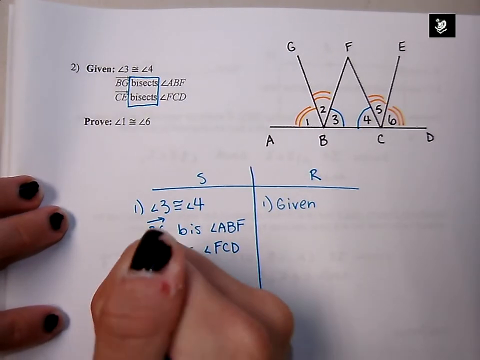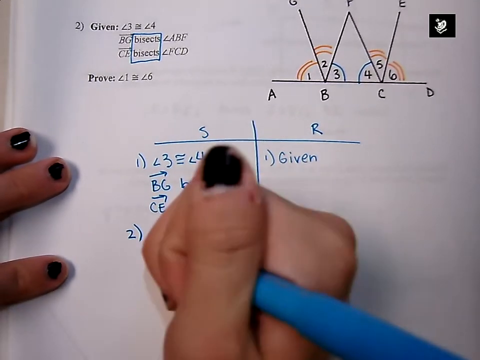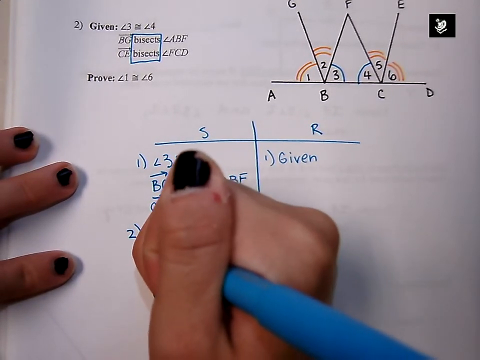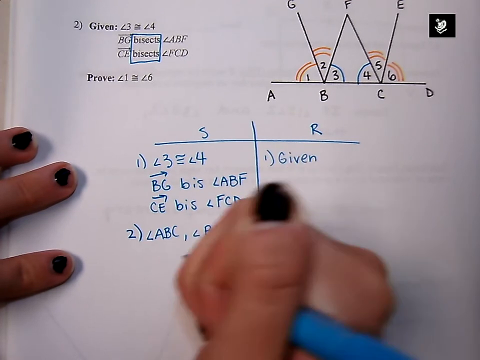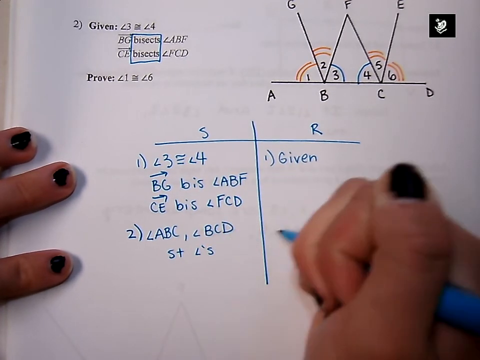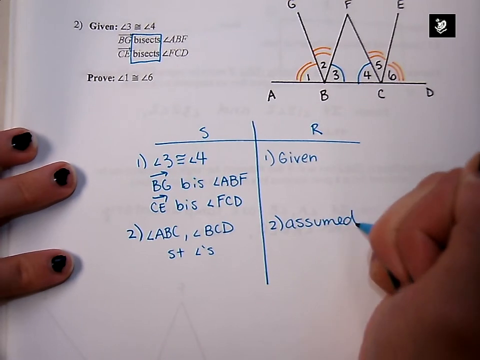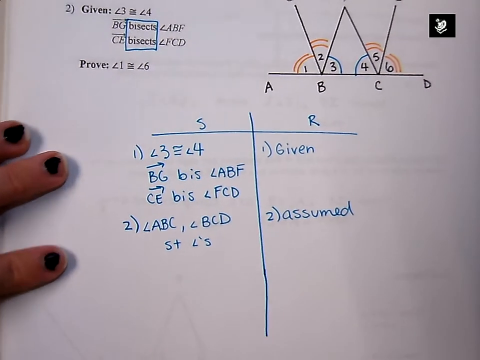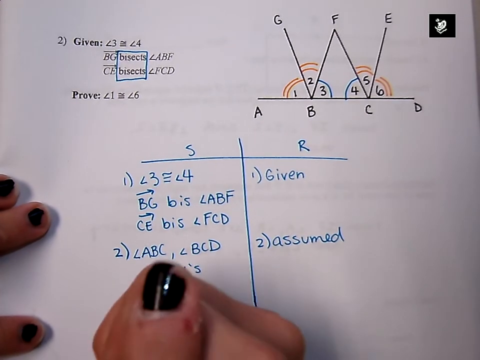So step 2, I know that if I'm going to use supplements, the first thing I always need to do is name that I have straight angles. So I've got angle ABC and angle BCD are straight angles. And we know that that's always because it's assumed. After I name my straight angles, I always want to name my supplements.